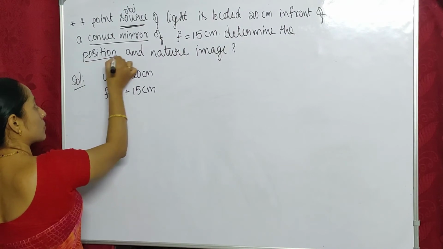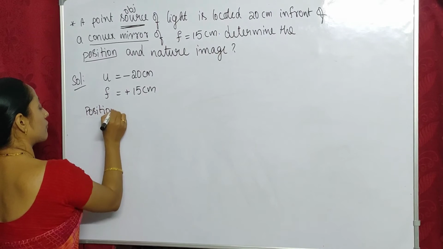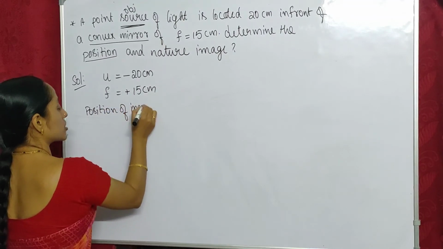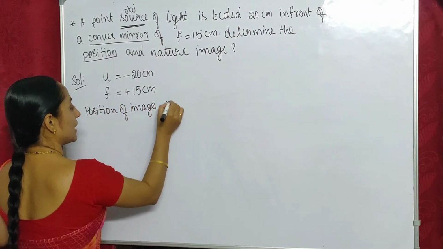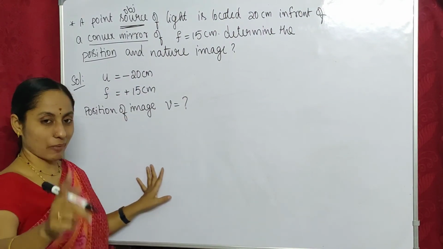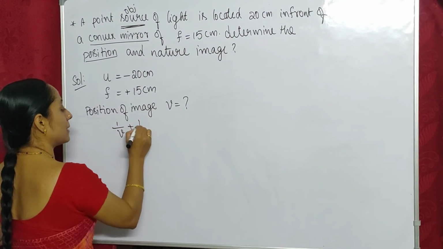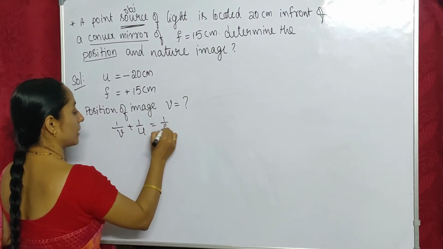Now what we need to find out? First we will find out position of the image. What do we mean by position of image? Position of image meaning image distance we need to find out. Will you do it? Pause the screen and do it faster than me. So the formula is 1/v plus 1/u is equal to 1/f.